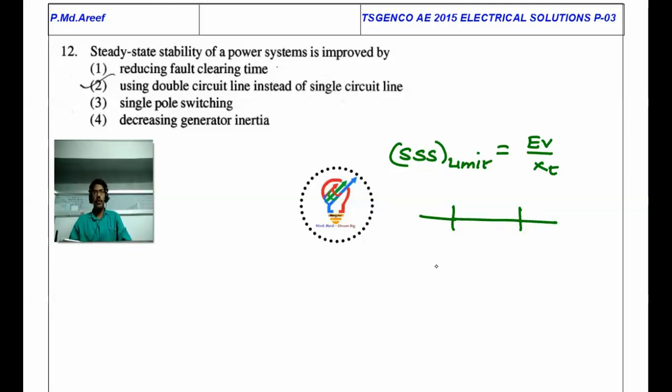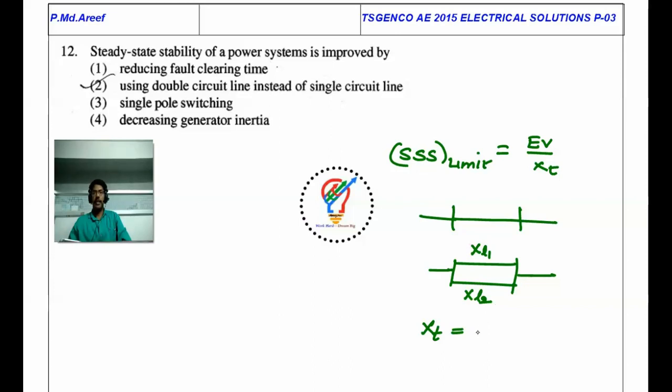Instead of using this, suppose we use this kind of structure where two lines are used, say XL1 and XL2. These two are the transmission line reactances. When they are connected in parallel, the net reactance XT is reduced: XL1 into XL2 divided by XL1 plus XL2.